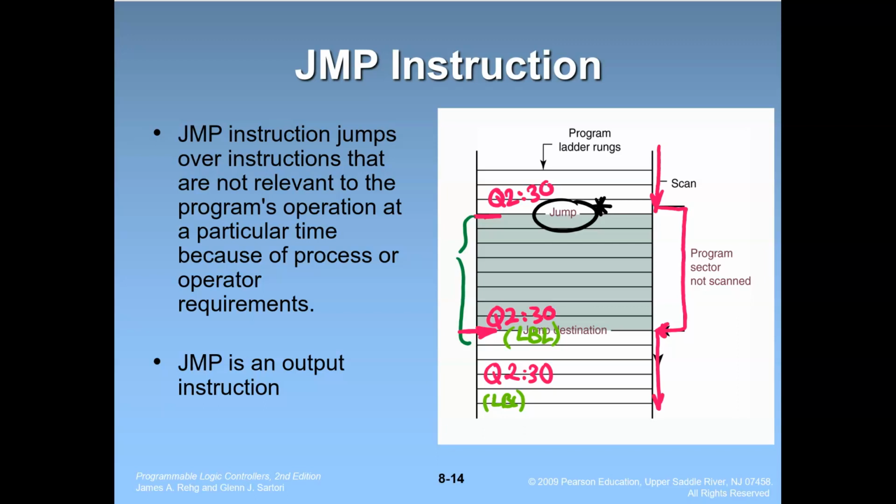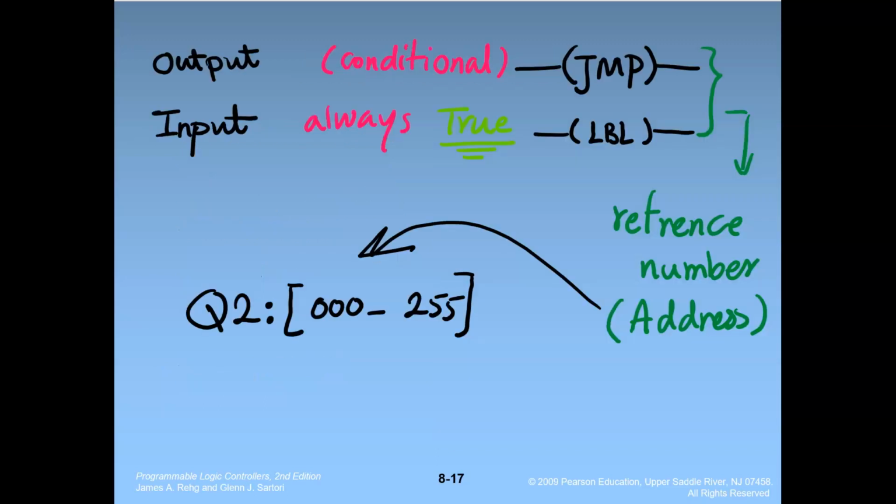The problem is that the scanner can find two labels with the exact same reference number, so it will be confused about which label is the correct one and which one should be the jump destination. So this is a wrong situation. You are not allowed, so I'm going to write it here, to have labels with the same reference address or reference number.